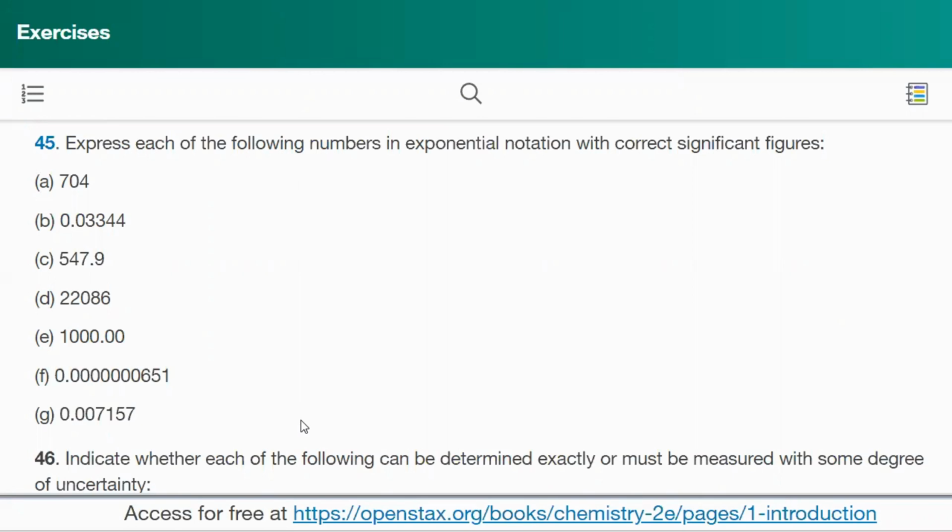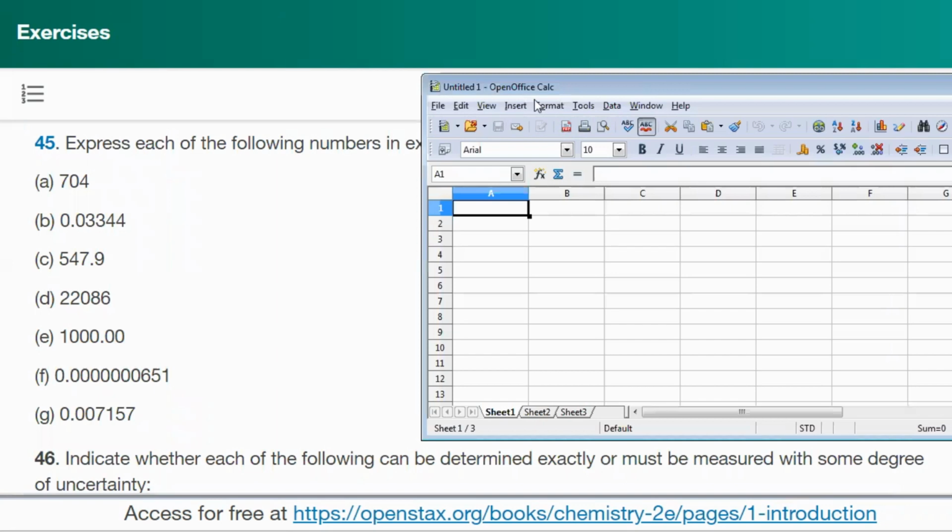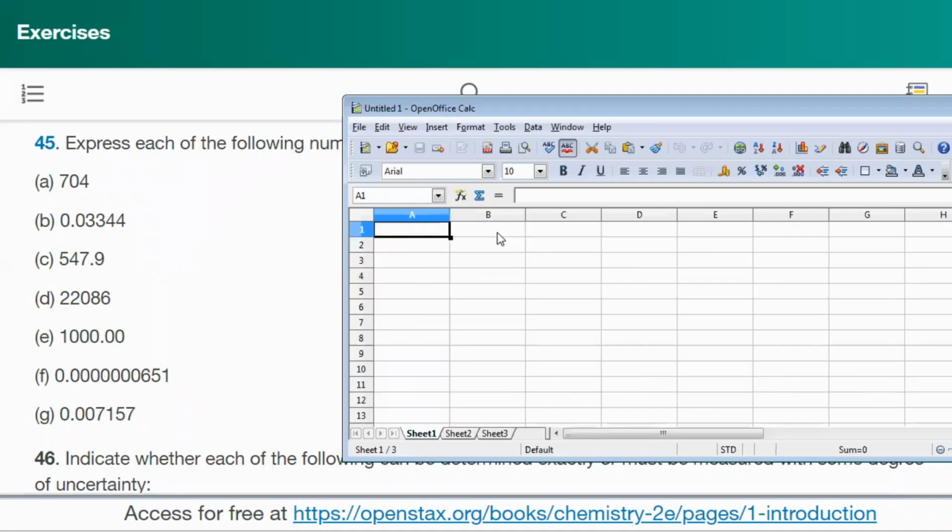It says here, express each of the following numbers in exponential notation with correct significant figures. Let me show you how I'm going to cheat a little bit with this using spreadsheets. I hope some of you are familiar with how to use them. There are spreadsheets in Microsoft Office, and there's also Open Office.